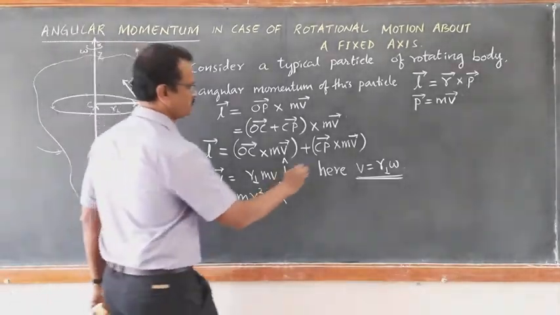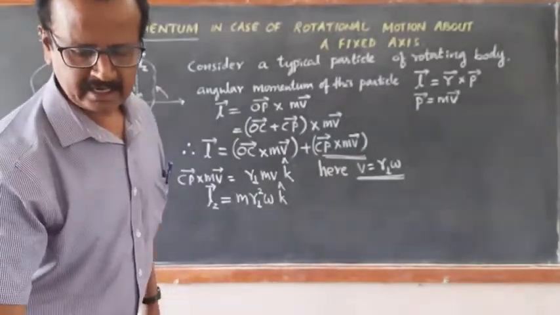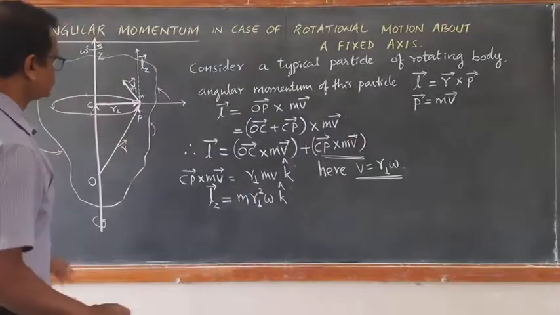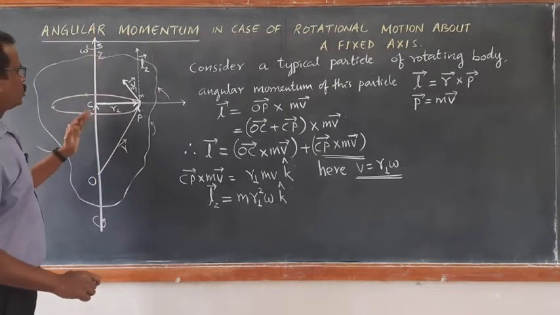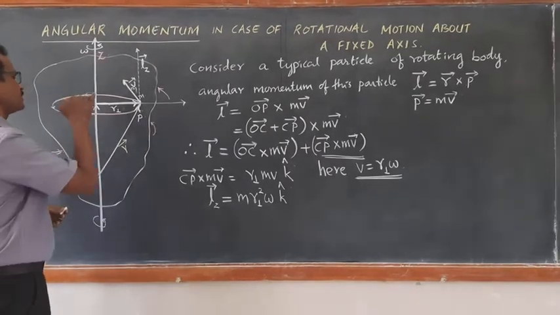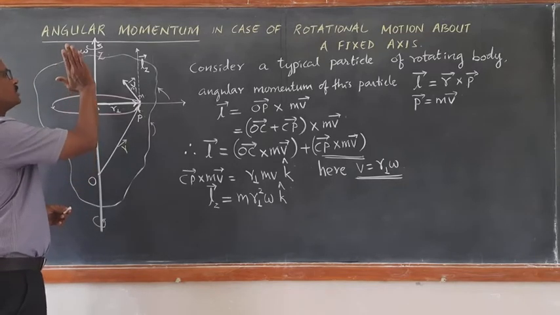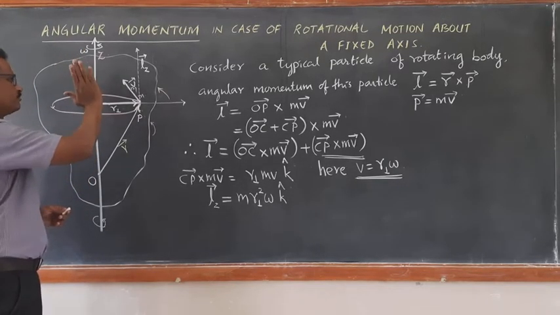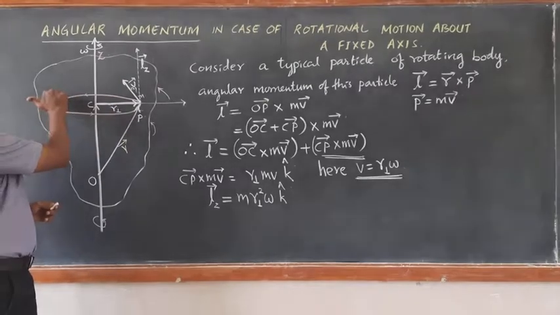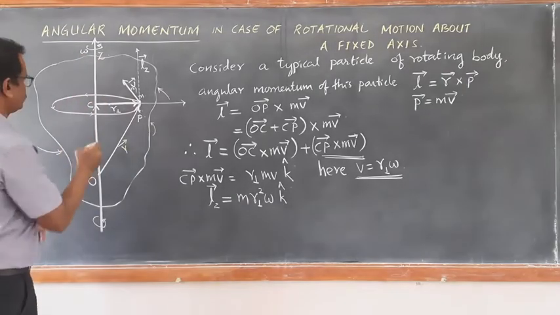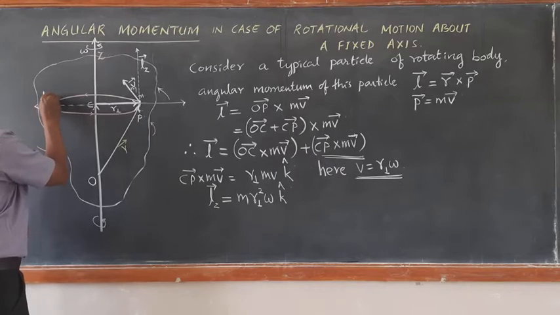Okay, this is the second part. Now what about this part? If you look at the diagram, I can directly write it. OC is along the z axis. OC cross mv, where mv is perpendicular to the plane of the board, acting vertically inwards. If you take the cross product, you see the thumb is pointing towards the left side, that is perpendicular to the axis. So this becomes another component, which I am representing as L perpendicular.